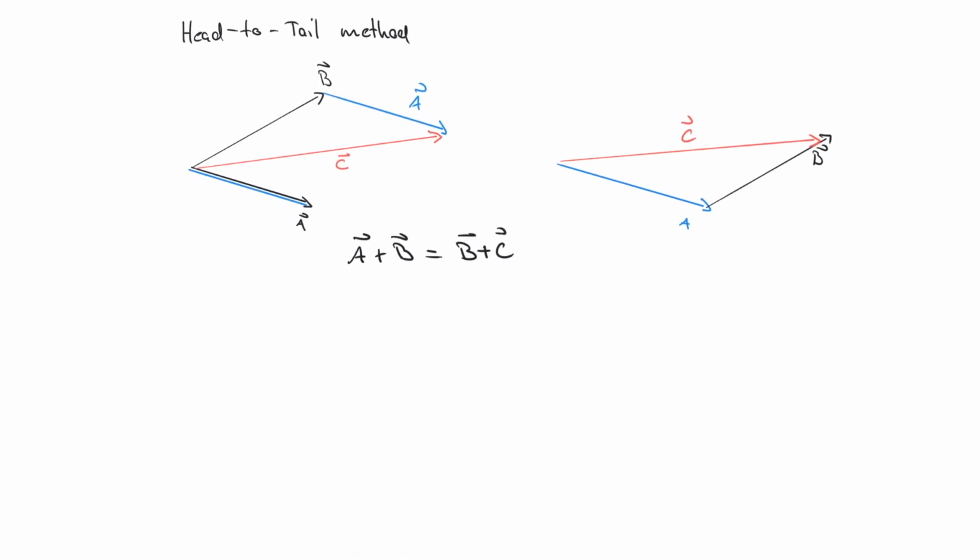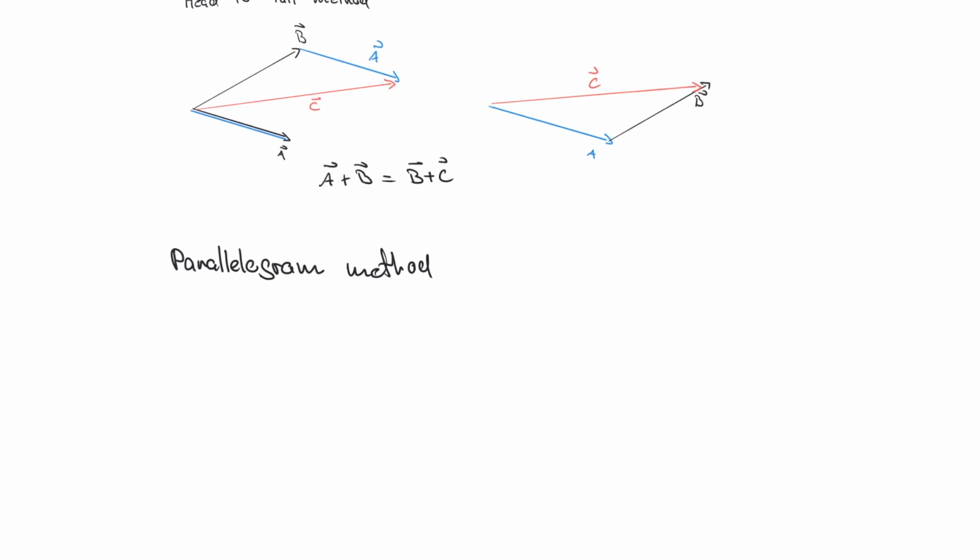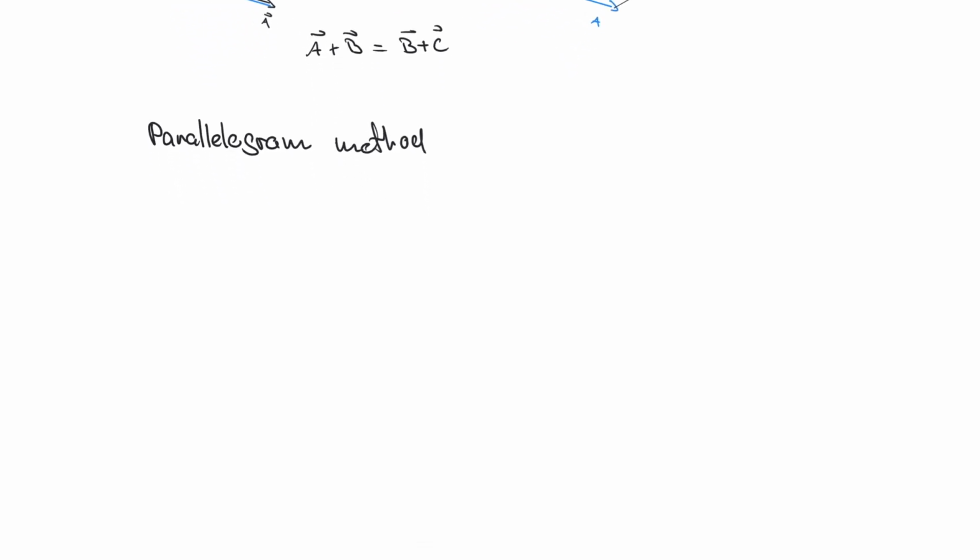There is another technique called the parallelogram technique. And that is very similar to also what we've seen before. So let's have our two vectors again. I have vector A and let's say a vector B. So this is B, this is A. And now I use my parallelogram technique where I just move each of these parallel to each other.